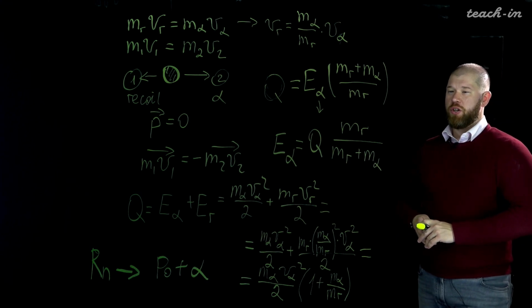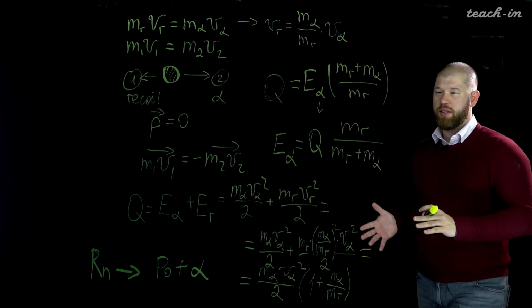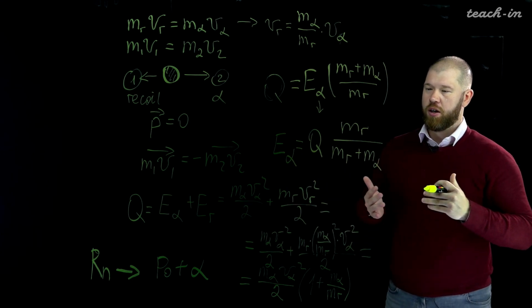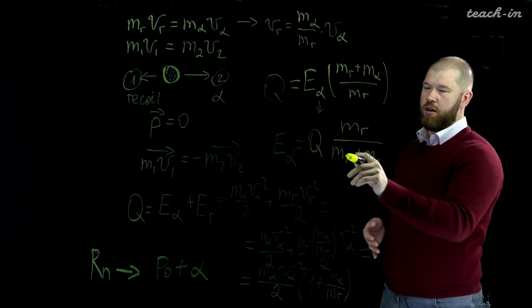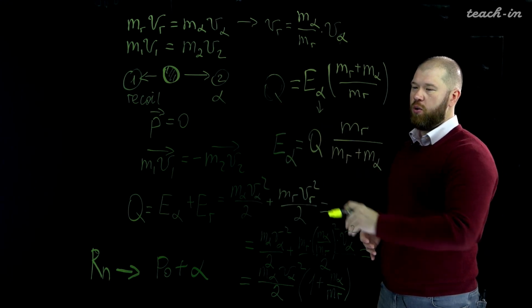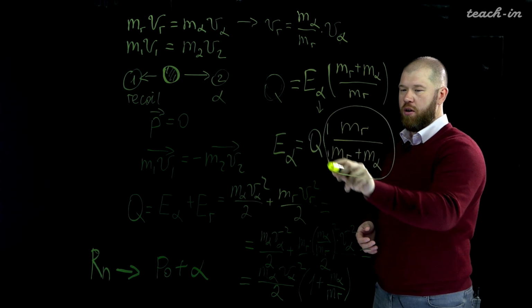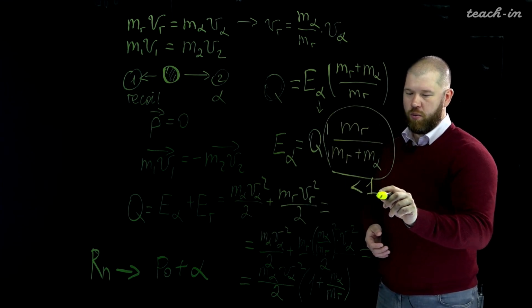From this equation we clearly can see that the energy of alpha particles will be always less than the energy of the nuclear decay, because this ratio will be always less than 1.